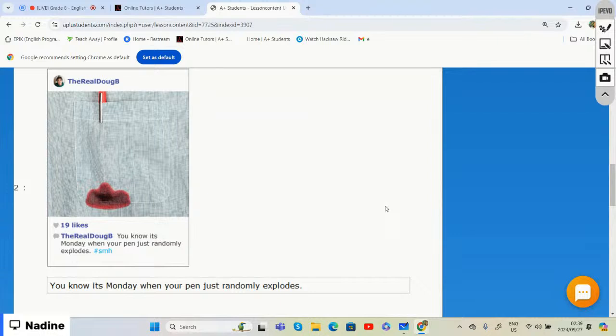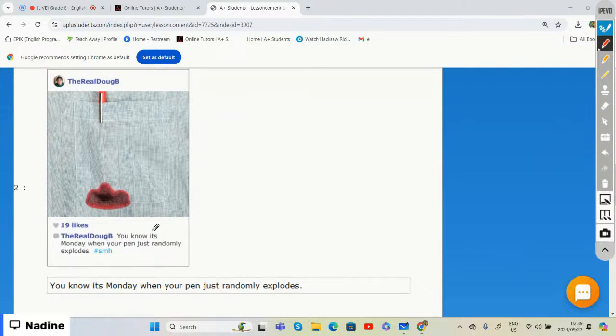So we need to choose the correct word that shows an error. You know it's Monday when your pen just randomly explodes. And if we were to identify that error, we can say it is "its." Because that word should be "it is."